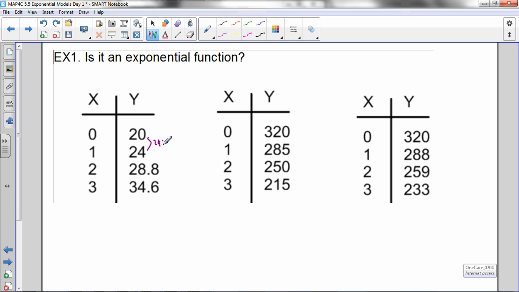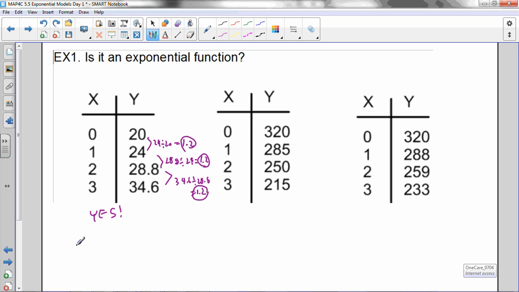If I go 24 divided by 20, that gives me 1.2. 28.8 divided by 24 is about 1.2. 34.6 divided by the one that comes before it is about 1.2. Yeah, constant ratio, yes.